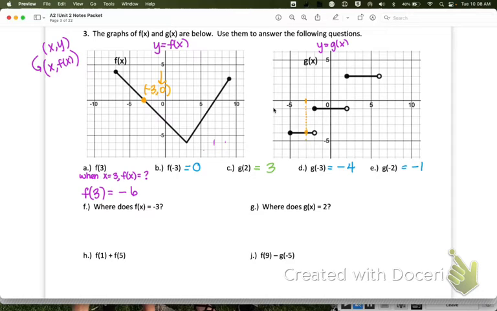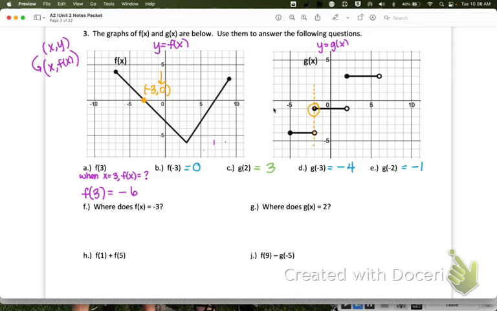There's not a dot, but the line does go through it, so that tells us that that ordered pair, negative 3, negative 4, is on the graph, so the answer is negative 4. And then g of negative 2 is another one where we have some choices. Negative 2 goes through here. We want to choose the solid dot, and that's how we get negative 1.